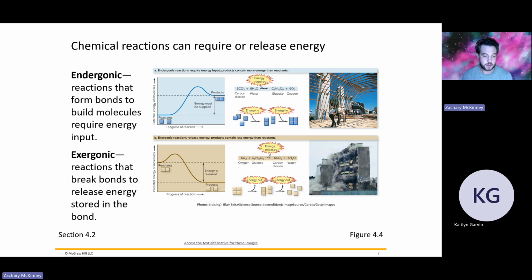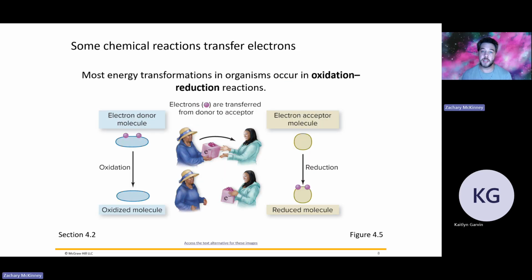Okay, let's keep going. We can also talk about the electron transfer. So when we talk about making and breaking bonds, bonds are electrons. If you remember that from chapter 2 or chapter 3, whichever chapter that was, covalent bonds, ionic bonds, you're talking about what's happening to the electrons. And so specifically, we can then talk about redox reactions or oxidation reduction reactions.